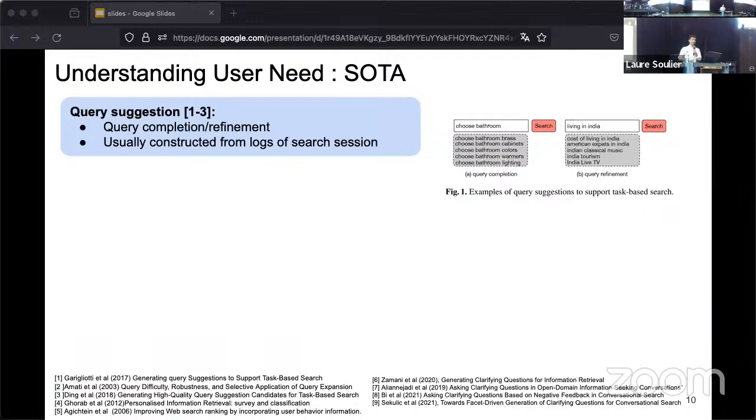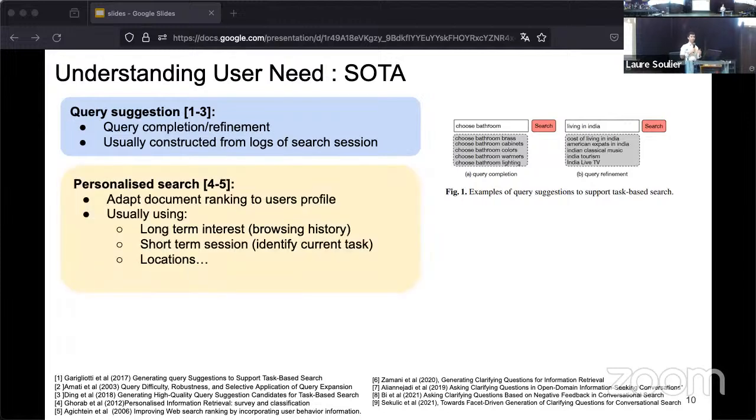So understanding the user need, in the literature there are various methods, such as query suggestion, where the system suggests a list of queries or recommendations to the user, and the user can interact by selecting a better or more relevant query.